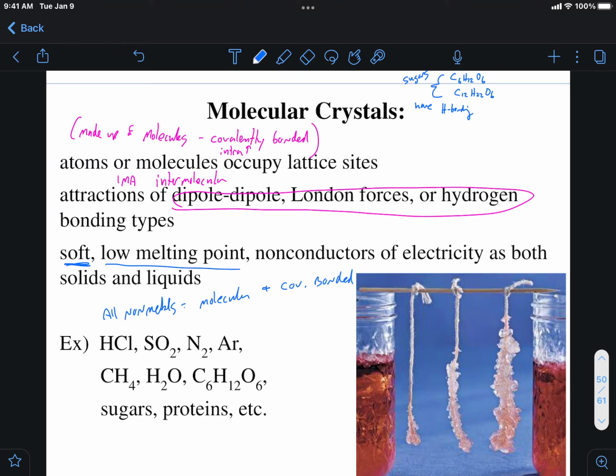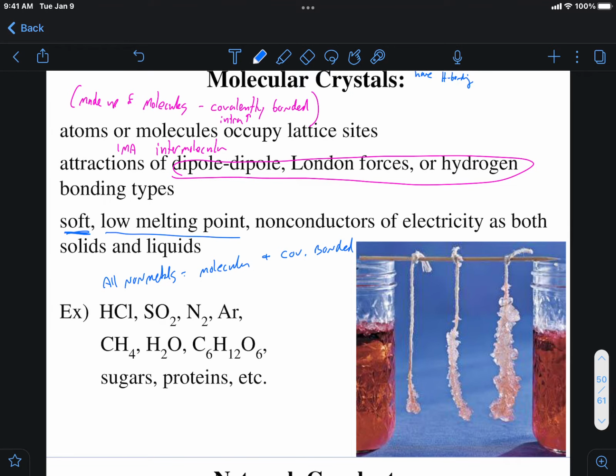Well, those aren't solids. I'm just saying that molecular solids, if they are crystals, they're not very strong. They're not held together as strongly as a solid is compared to ionic. They don't have to be solids if it's molecular.